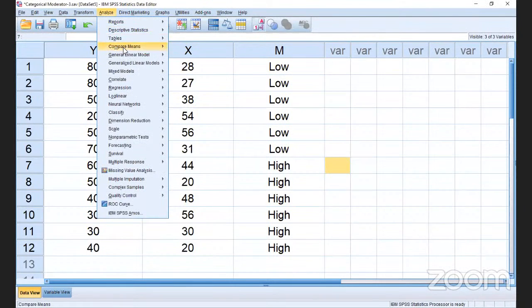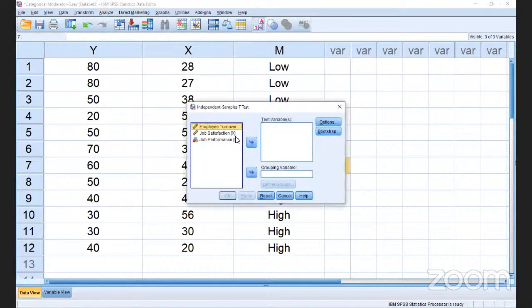Analyze, Compare Means. When we compare two groups, we use the independent t-test. For more than two groups, we use one-way ANOVA. So Analyze, Compare Means, Independent Samples t-test, and you can see here this is our variable.